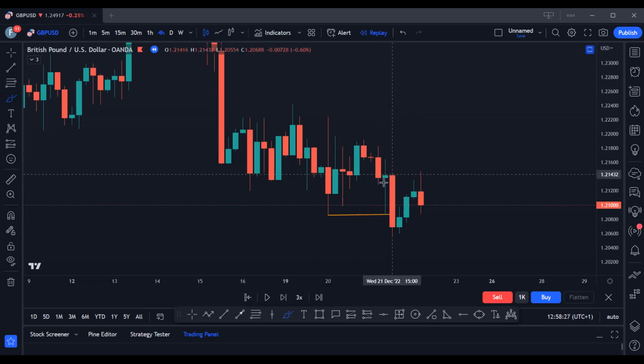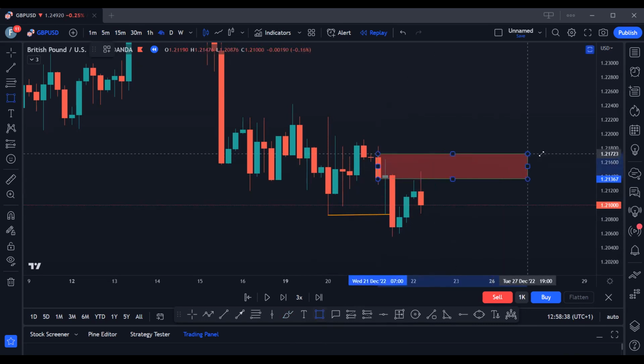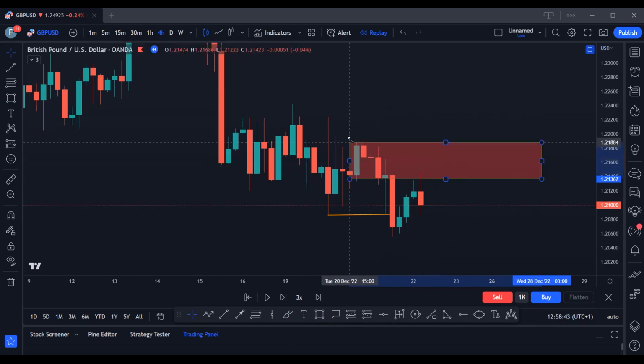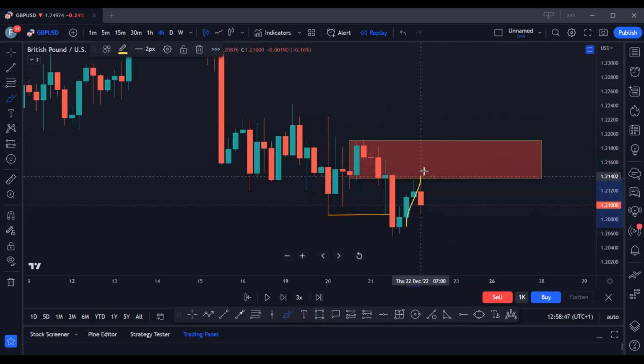So once you see this, you are interested in what? Selling. And to sell, we are looking for what? An opportunity to find a resistance zone, okay? And so like so. Once price retraces into the zone, you're interested in selling.